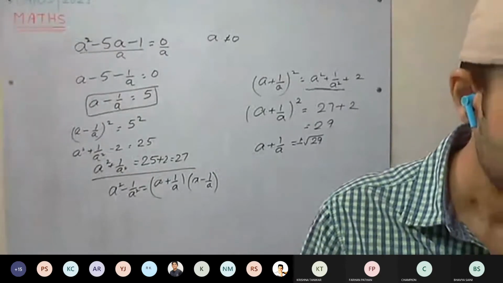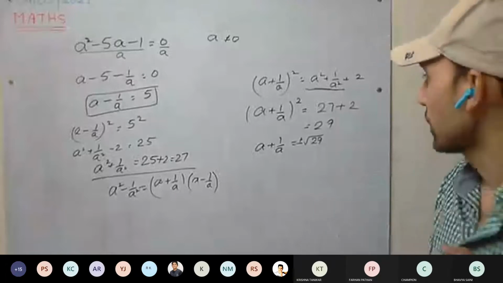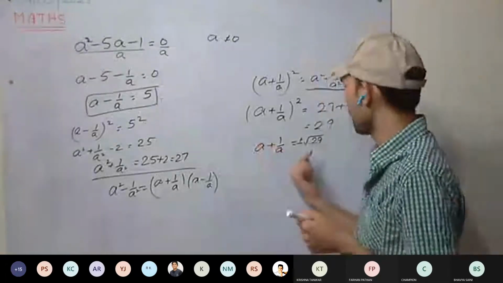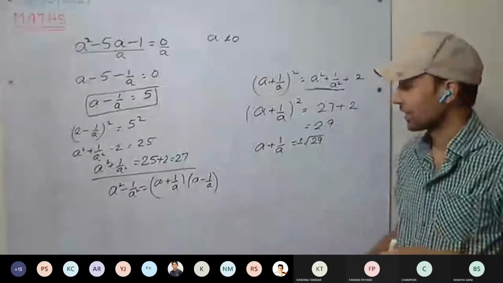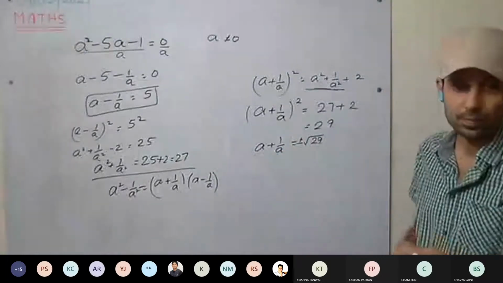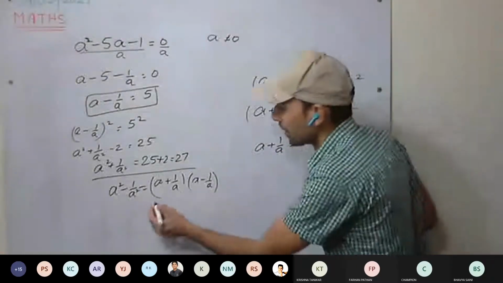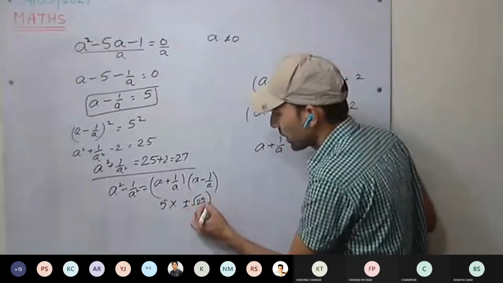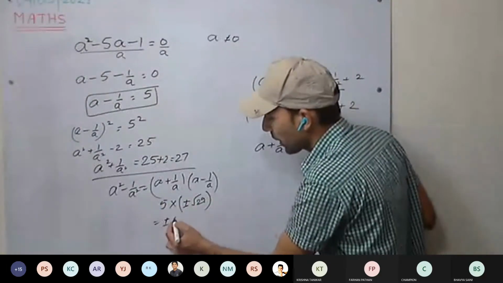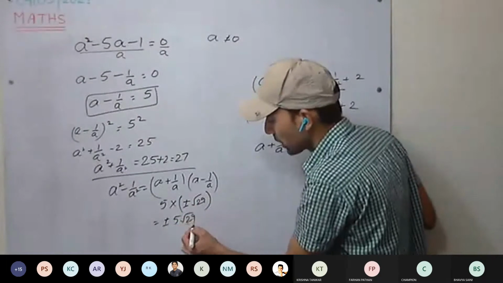How much will you be getting? You already have 5 and here, it's very easy. Five into plus minus root 29. How much did you get? Plus minus 5 root 29.